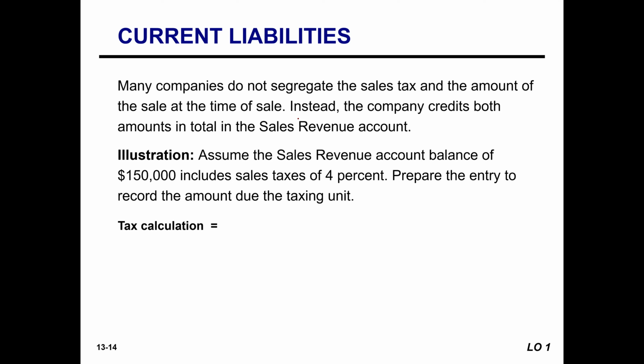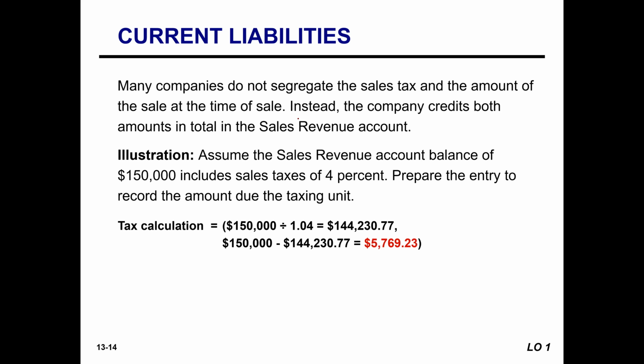So this one says, assume that the sales revenue account balance of 150,000 includes sales tax of 4%. Prepare the entry to record the amount due the taxing unit. Again, the amount due to the Department of Revenue or whatever. And so on this one, what we have to do is take the total amount divided by 1.04 to get that percent that represents the sales tax within that.